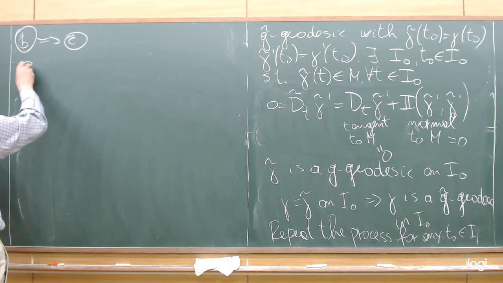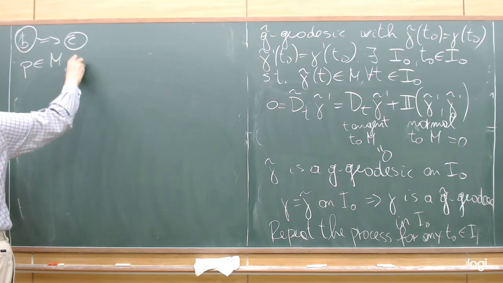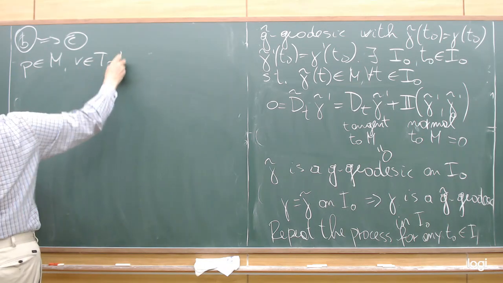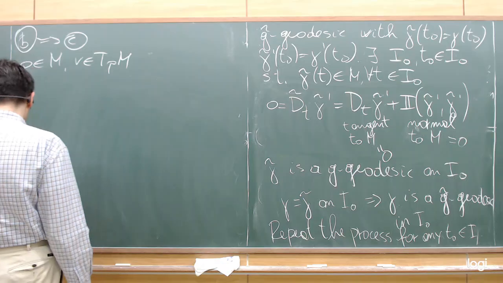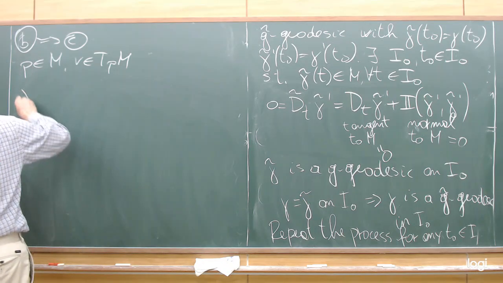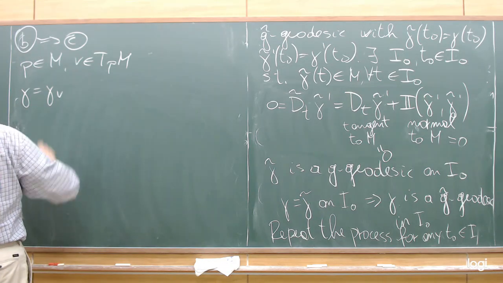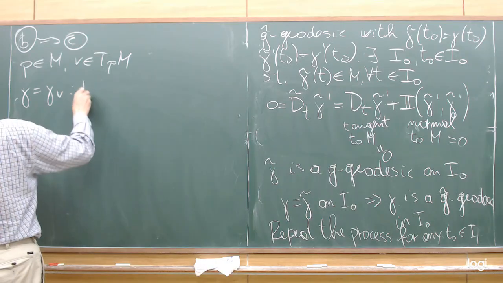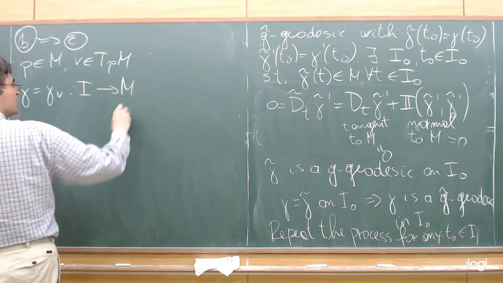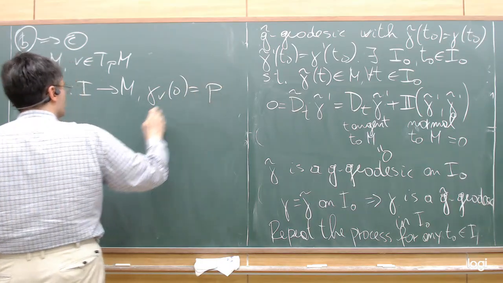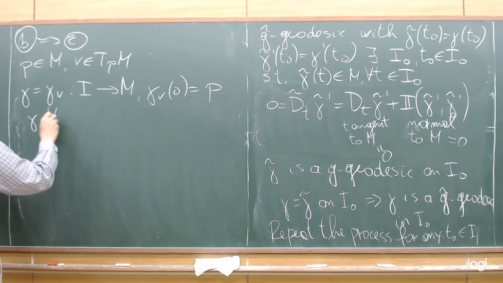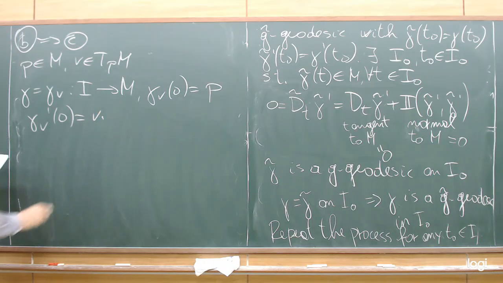So as before, we fix a point and a vector, and we consider gamma equal gamma V, that is the geodesic starting at P with initial velocity vector equal to V.